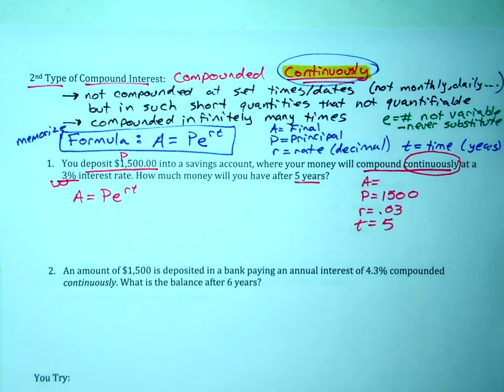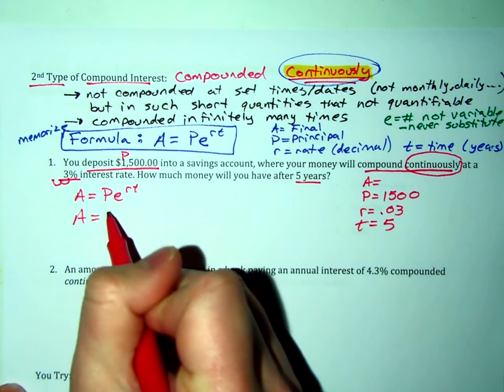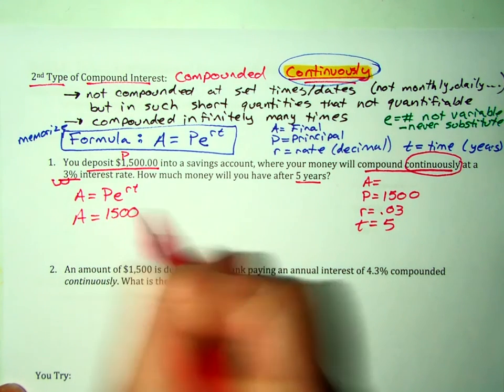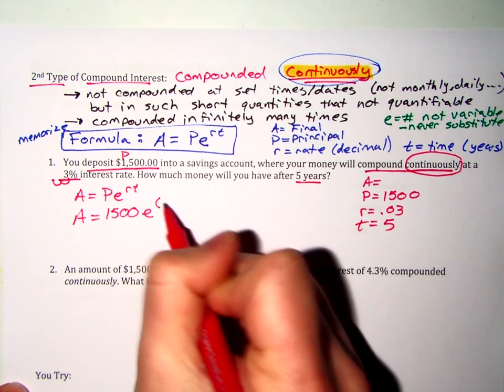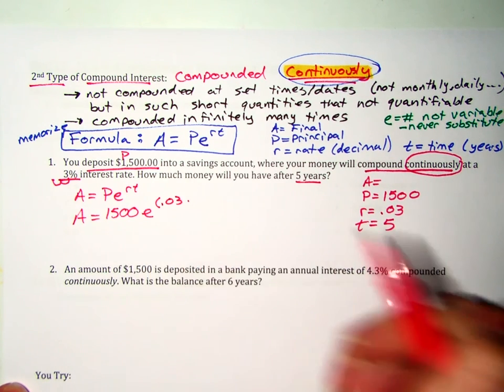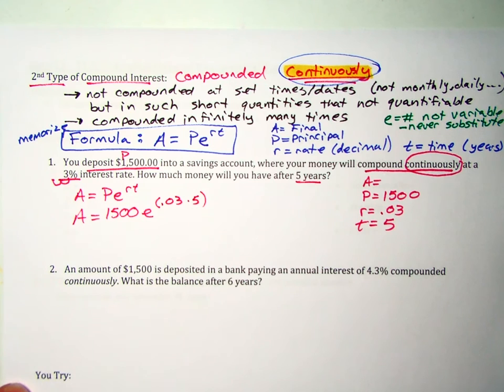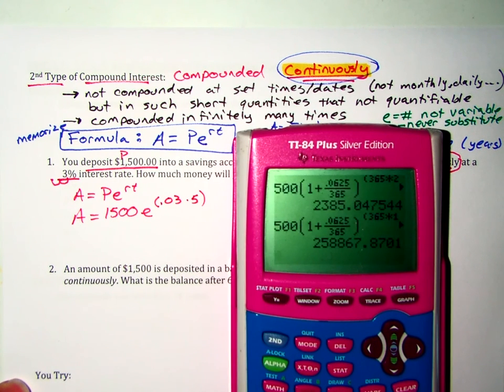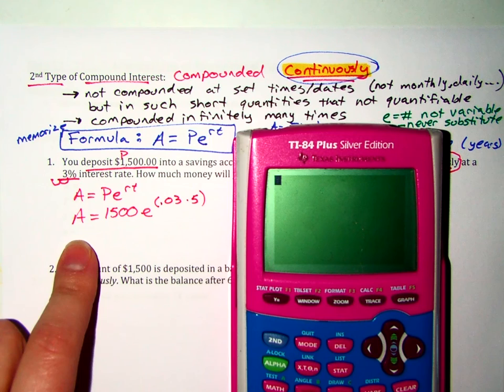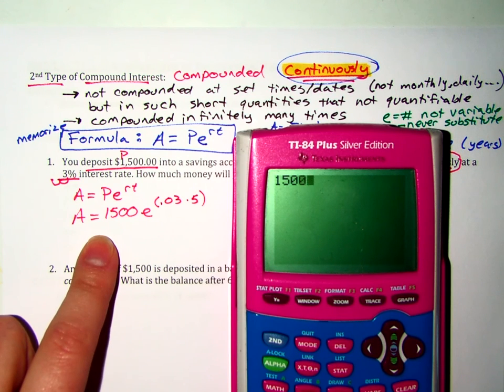So then we need to go ahead and substitute in. A equals 1,500 e to the 0.03 times 5. Then we take out our calculator, clear it out. So P, the 1,500.